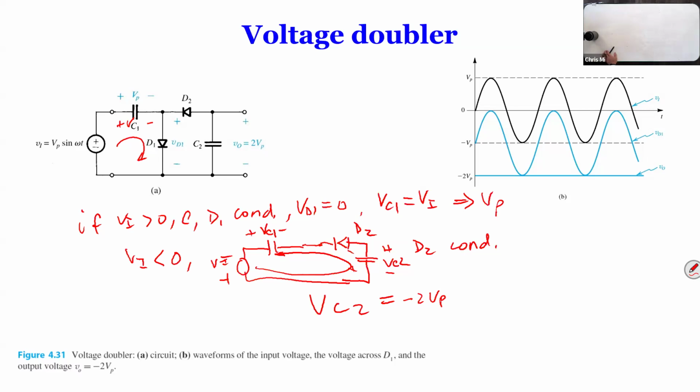It shifts everything down from 0 to minus 2 VP. That's the output, because by changing the direction of our initial diode, it's doing the negative of what we were doing. We shift everything down, but we actually doubled the output.